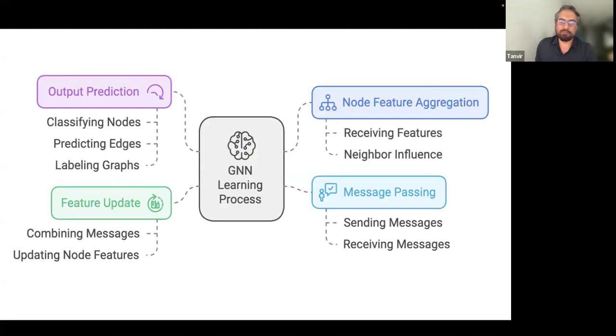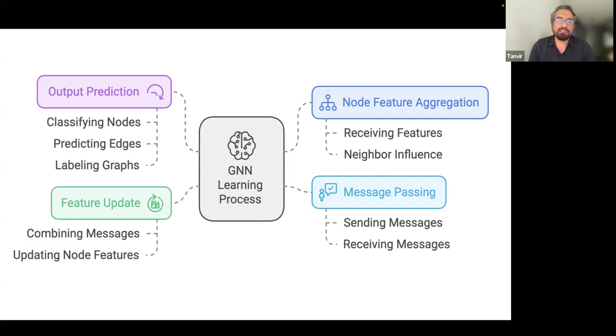So in summary, this is what's happening inside a graph neural network. It starts with node aggregation on the right. It receives features and has neighbor influence, and then it does message passing, which is sending the features of each node to its neighbors. It can receive messages as well for every node.